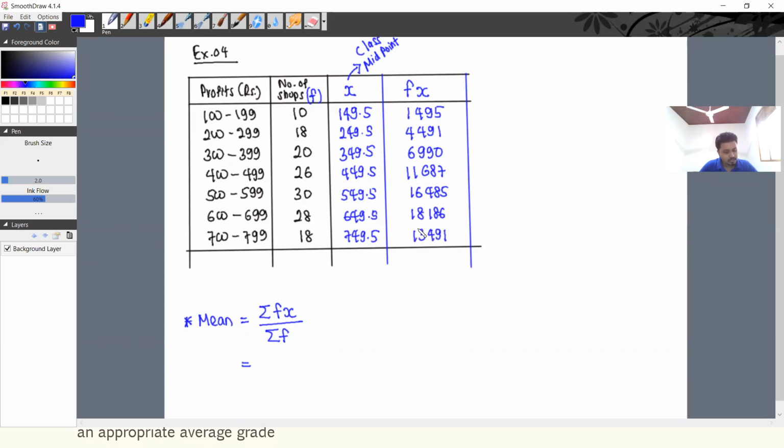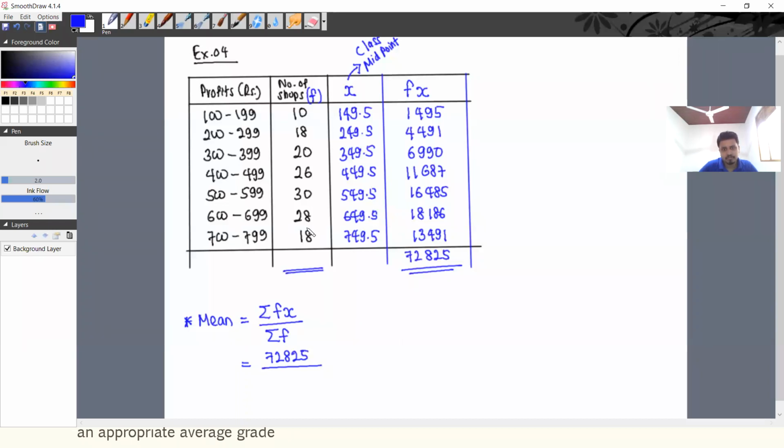So what is the total? Sigma fx value should be what? Is it 72? Yes, 72,825. Therefore, sigma fx value is 72,825 divided by sigma f.